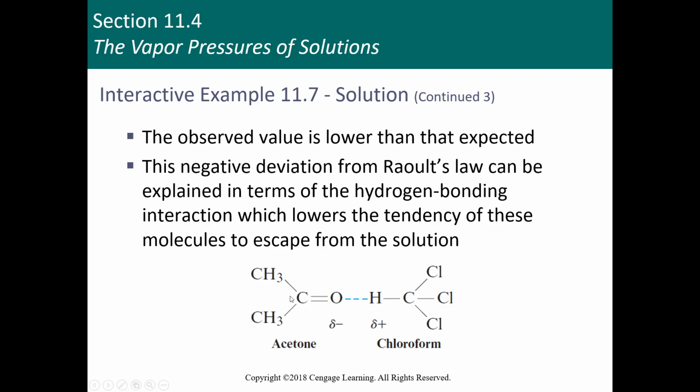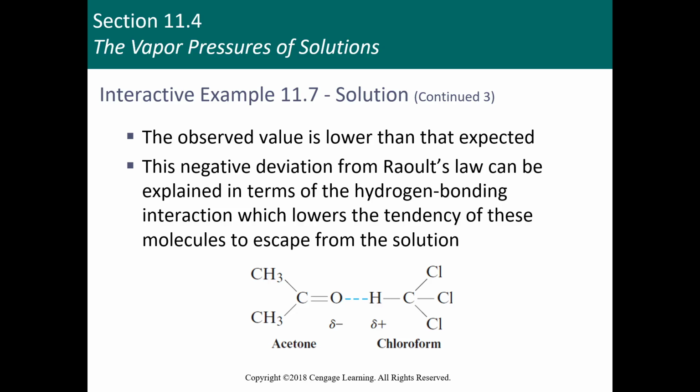Our chloroform here has an H connected to this carbon that has a bunch of chlorines off of it, meaning it'll have a positive charge here, negative charge here. Our acetone is going to have a negative charge on the oxygen and a positive charge over on the carbon. And so this is going to make something very similar to a hydrogen bond. It's not actually a hydrogen bond per se, but it's very, very close to it.